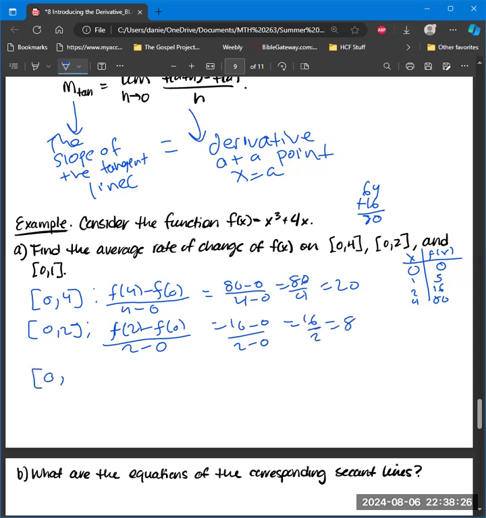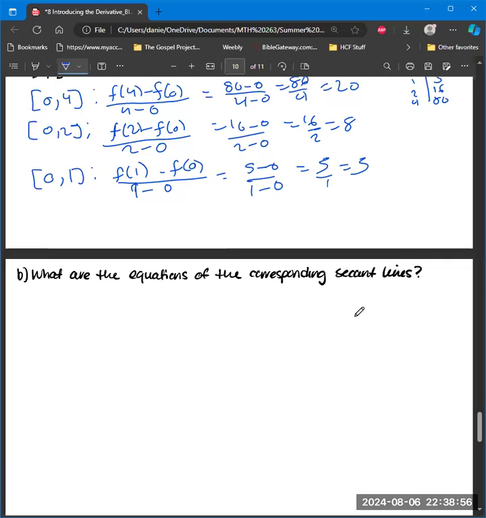And on 0 to 1, we have f of 1 minus f of 0 over 1 minus 0, which is 5 minus 0 over 1 minus 0. 5 over 1 is 5. And so we can just do that as many times as we need to get closer and closer to some value, like 0.